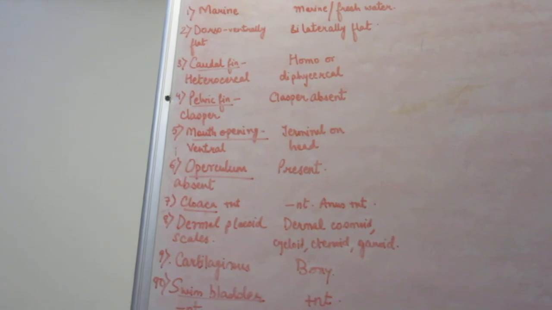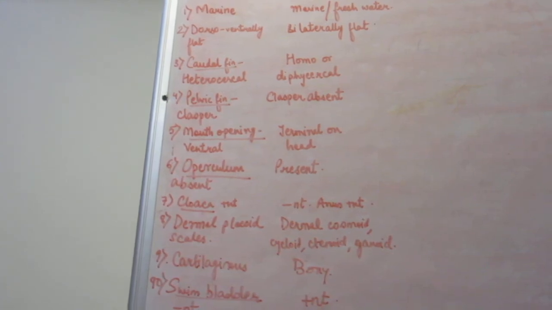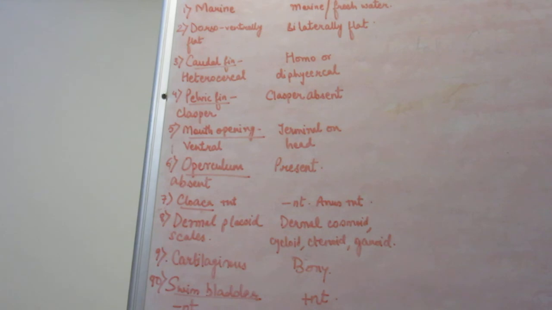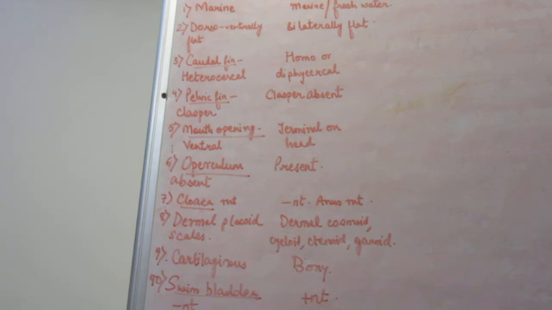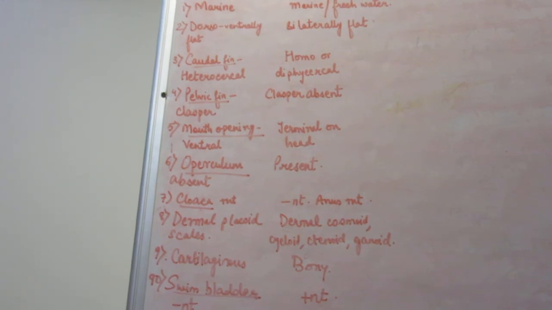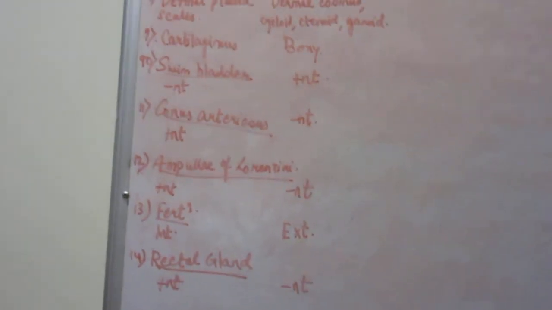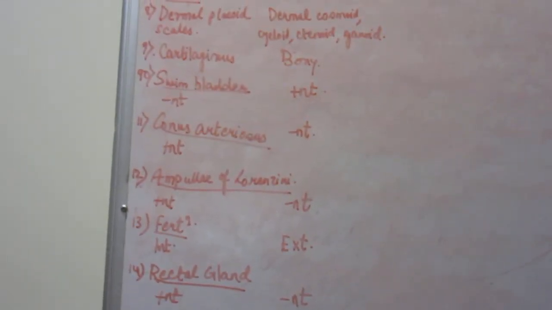We discussed the habitat, the shape, caudal fin, pelvic fin, mouth opening, gill opening, cloaca, exoskeleton, endoskeleton, rectal gland, air or swim bladder, conus arteriosus, ampulla of Lorenzini, and fertilization.